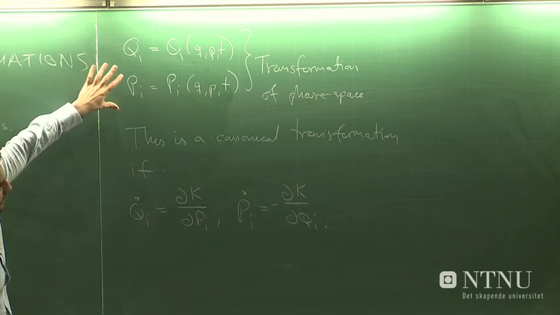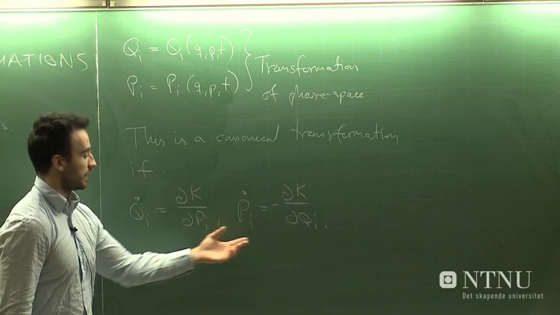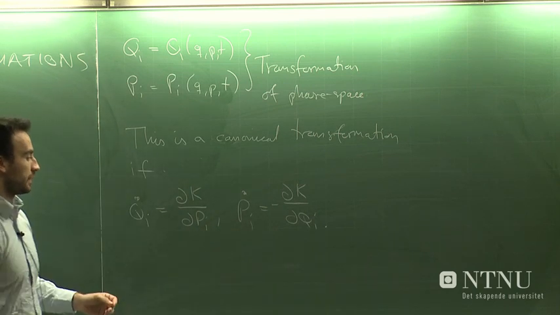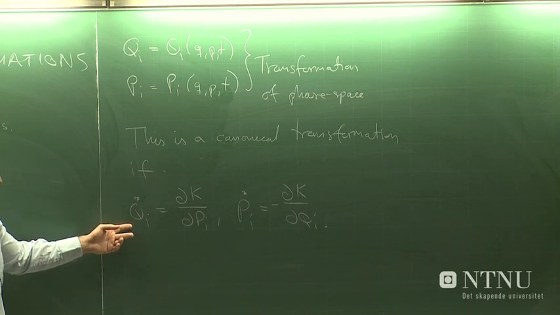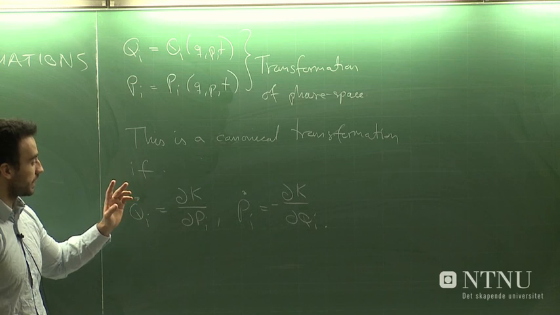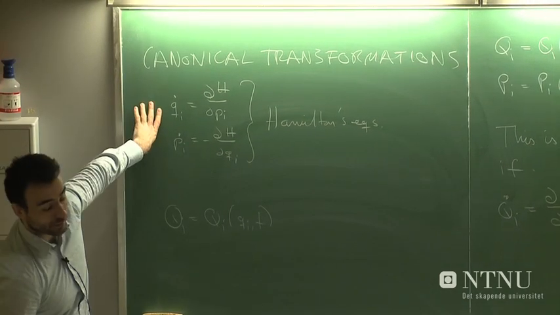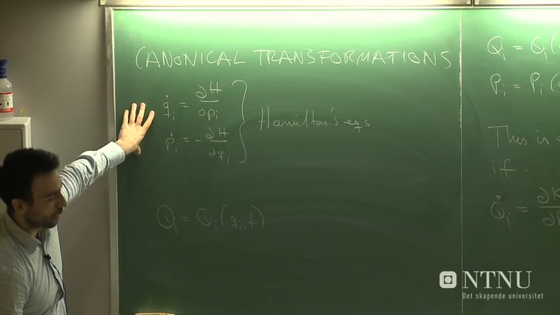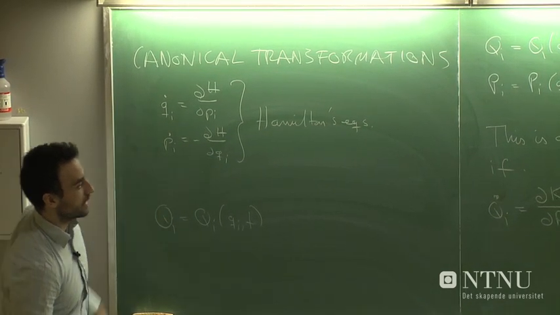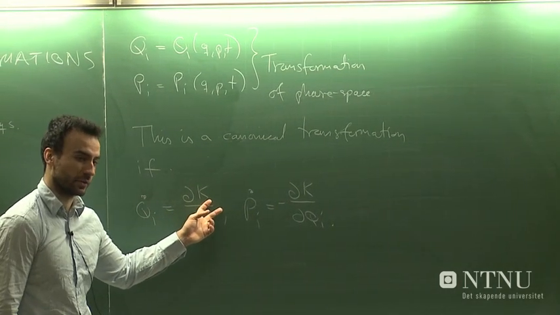If these transformations are in accordance with these two equations, relating the time derivative of Q to the derivative of some function K with respect to P, and similarly for P. So basically these equations are equivalent to Hamilton's equations, but in the new coordinates. So K here is in fact a Hamiltonian in the new set of coordinates large Q and large P.